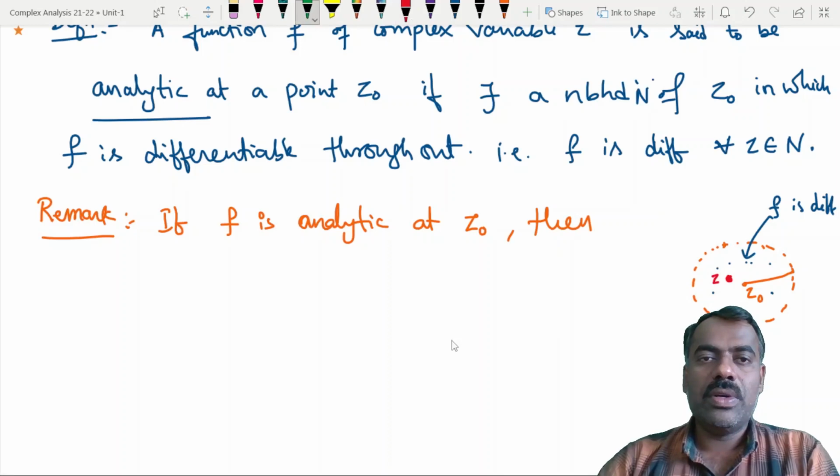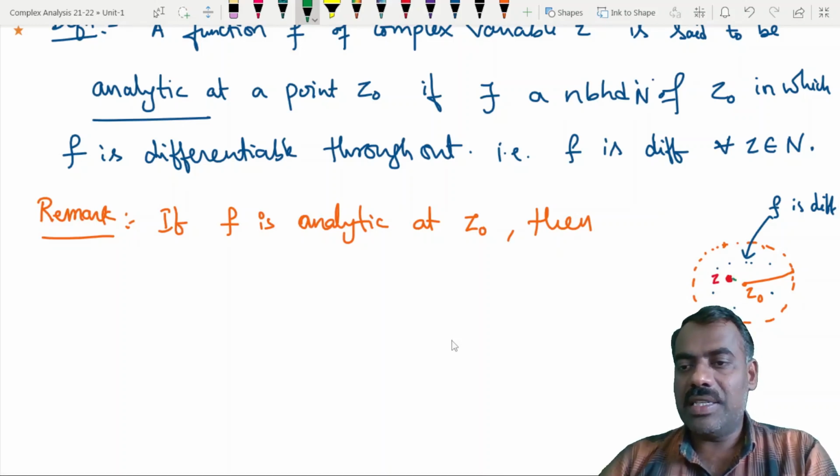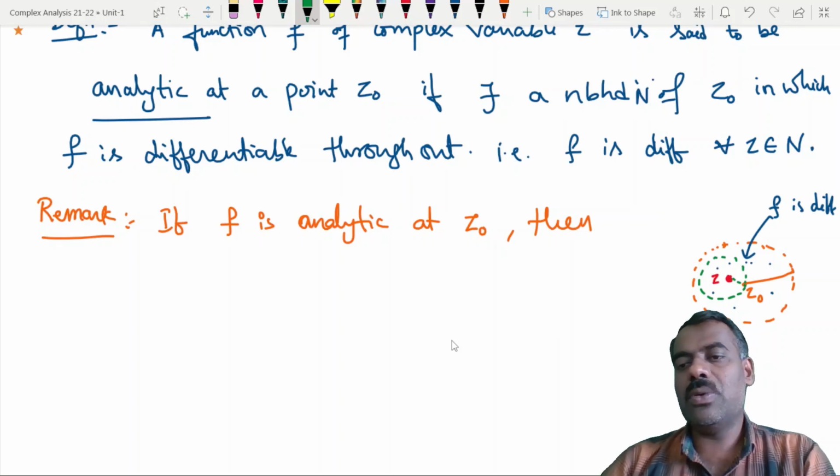What is the neighborhood? You take the distance z minus z naught, and then you can find a smaller neighborhood around that point, inside which f is already differentiable, yes or no?